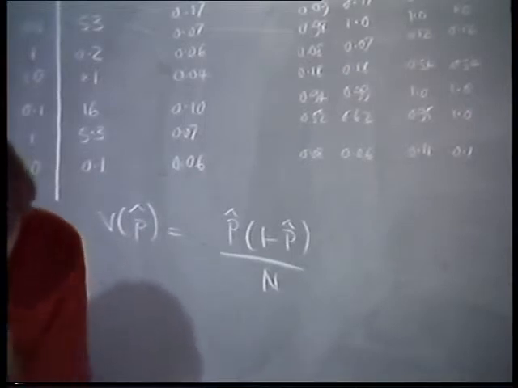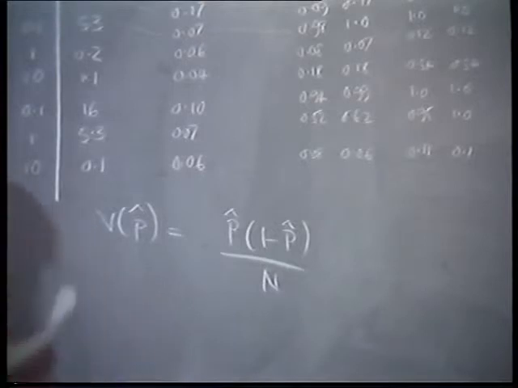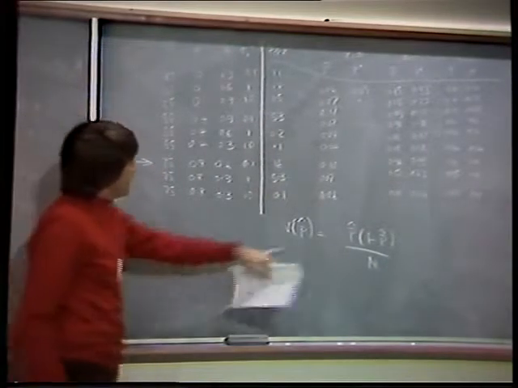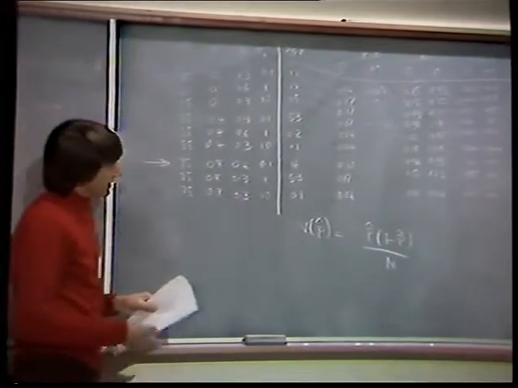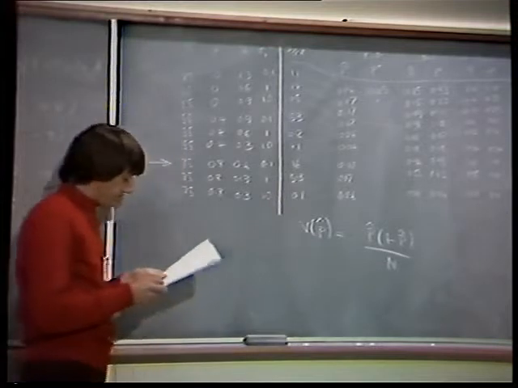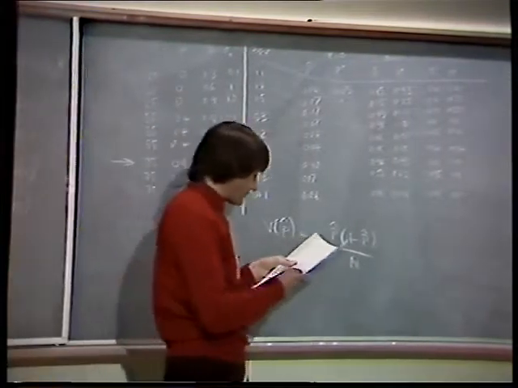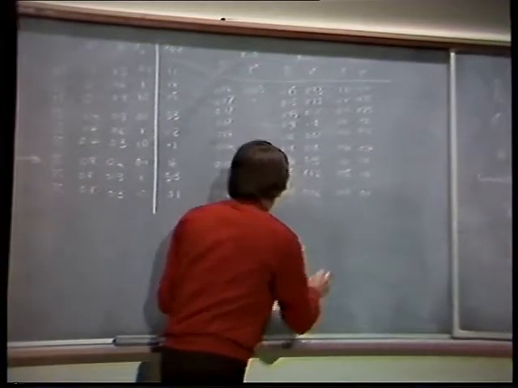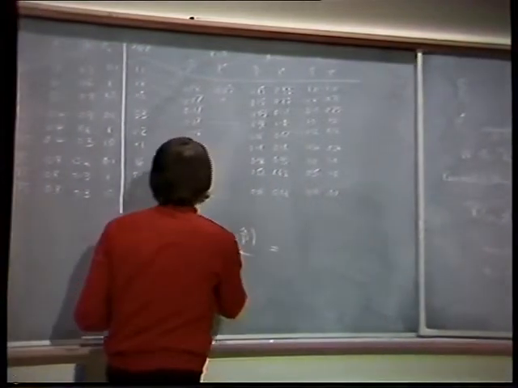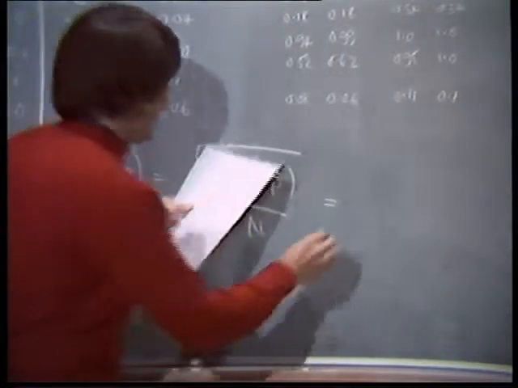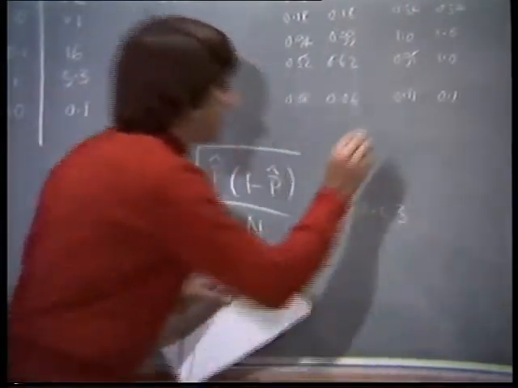If we take as an example experiment 7, and evaluate this variance of p hat, remembering that the number of replications n is 100, and then take the standard error, this turns out to be 0.03.